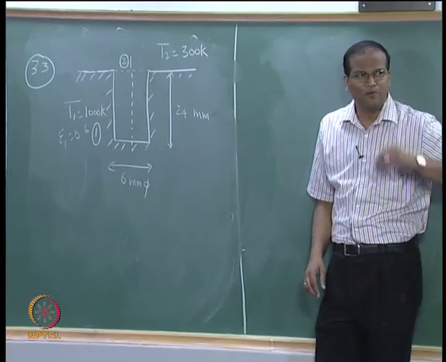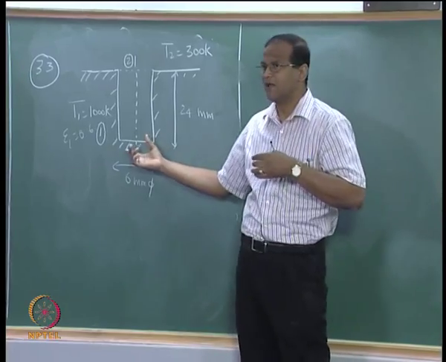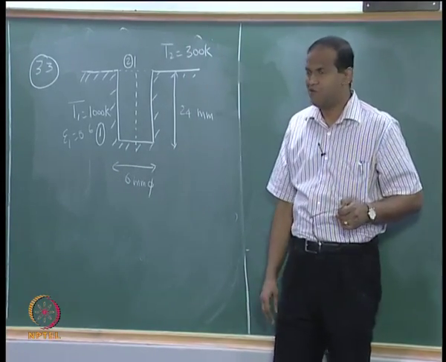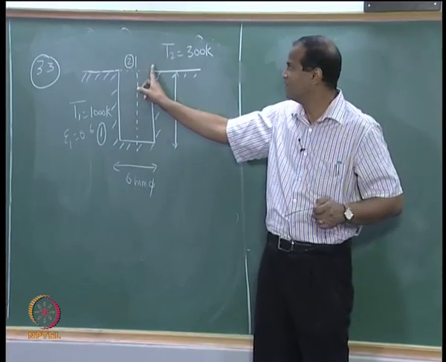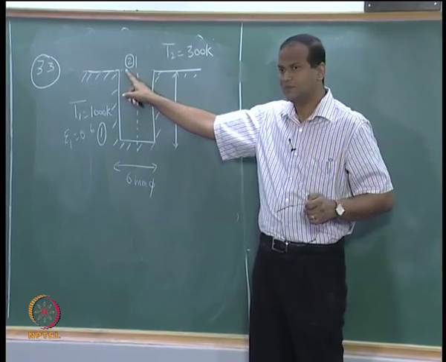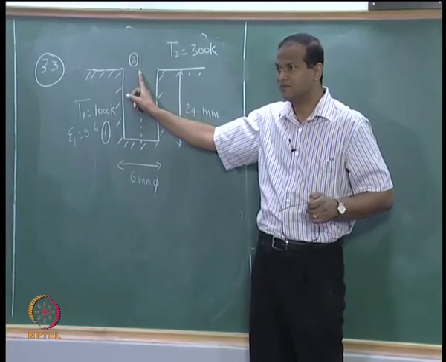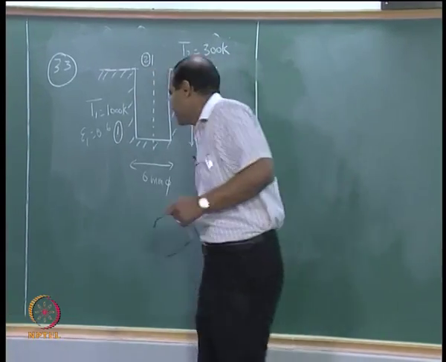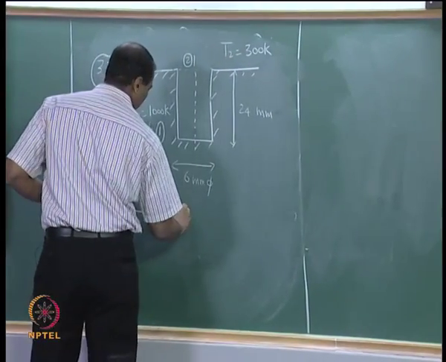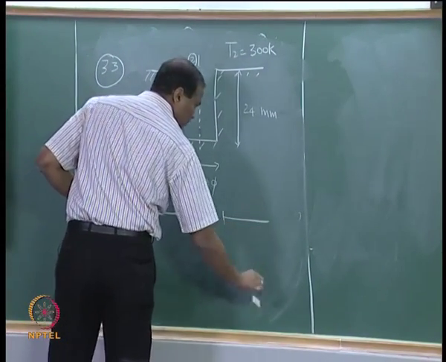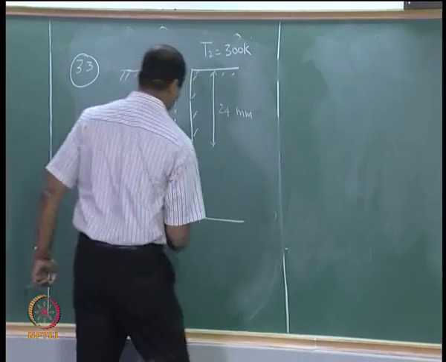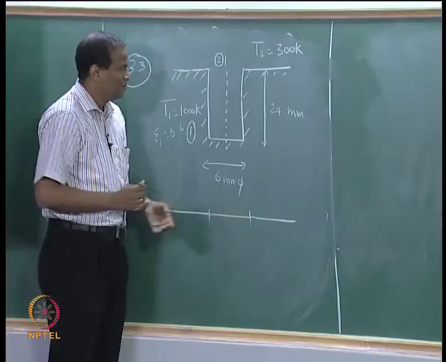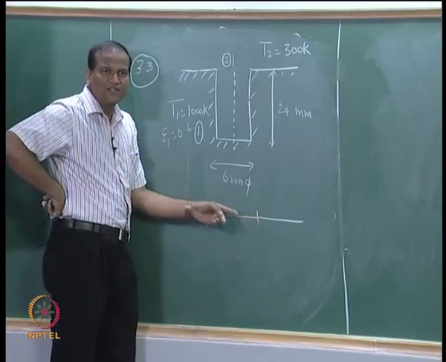But the beauty of this problem is, suppose this hole were not there, and you have this surface alone, okay, you just have the surface 2, right? That is, you have something like this. This is basically a circle with a radius of 6 millimeters.